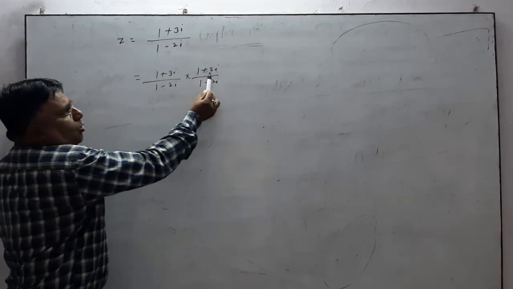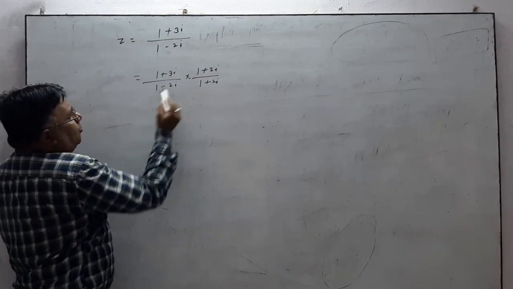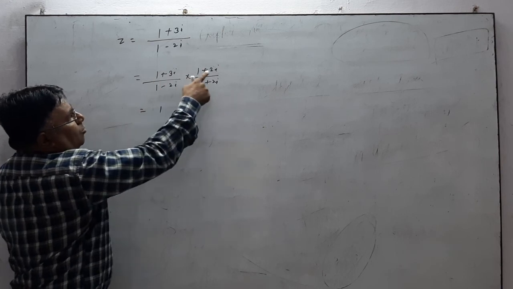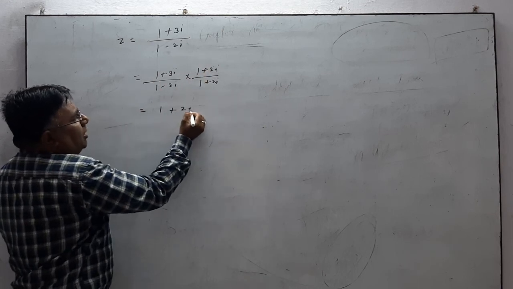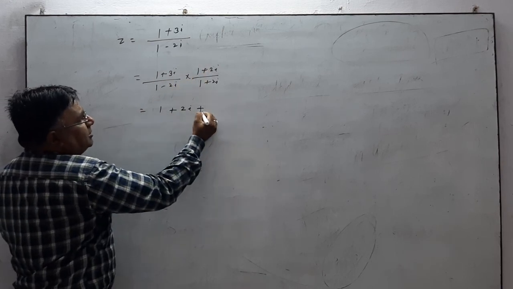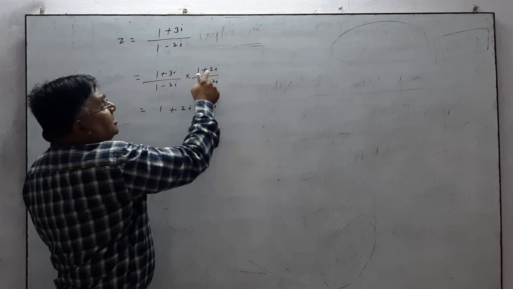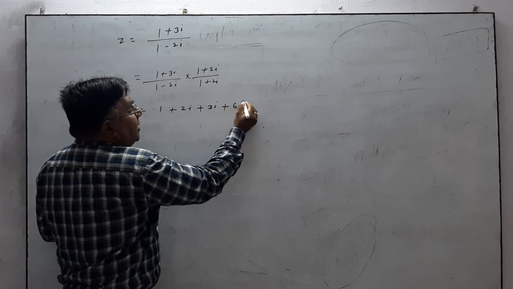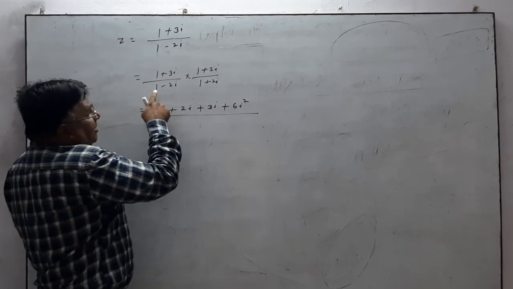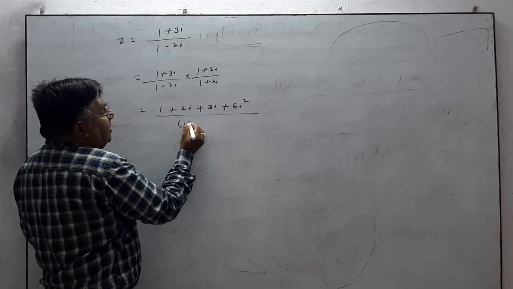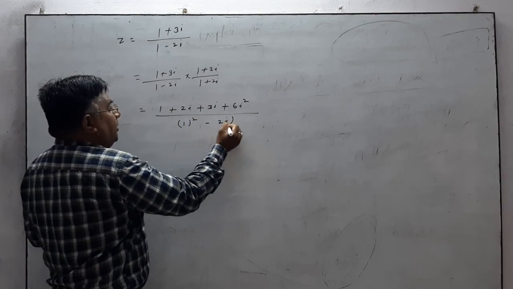Simple, we multiply the two factors. Then 1 into 1 is 1. 1 into 2 iota is 2 iota. 3 iota multiplied by 1 is 3 iota. And 3 iota into 2 iota: 3 twos are 6, iota into iota is iota square. And the denominator is a minus b, a plus b, which is the identity of a square minus b square.